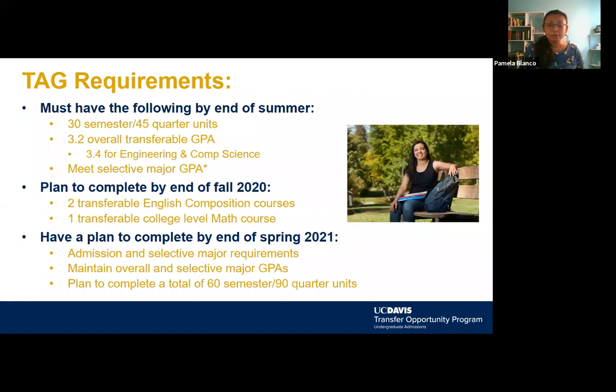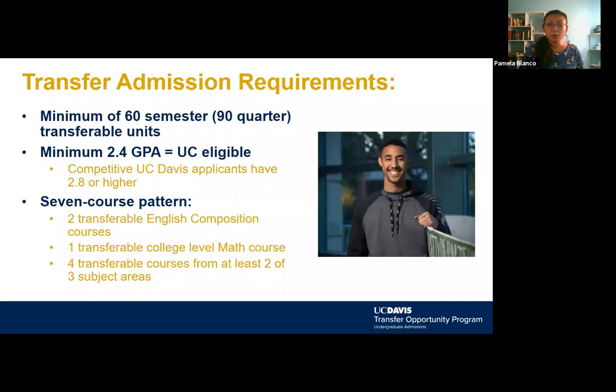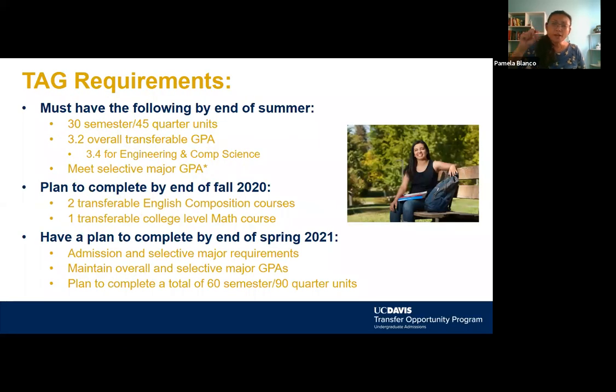For the TAG, for the most part, it's pretty similar to the minimum requirements we just talked about. There's just very specific criteria that we're looking for because it is a guarantee, so we are looking for very specific stuff on your academic profile. So that includes that you need to have at least 30 UC transferable semester units or 45 quarter units by the end of this summer.